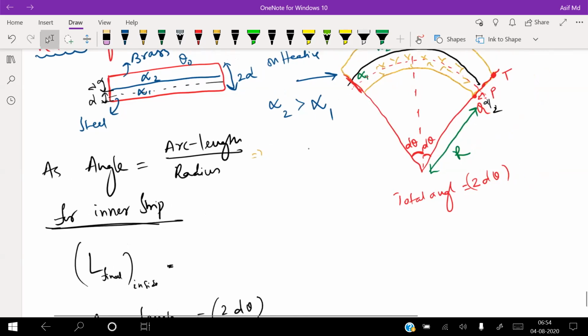See, I'll tell you this one. This I'll take as O. O to Q will be equal to how much? O to radius, sir. O to Q will be equal to how much?